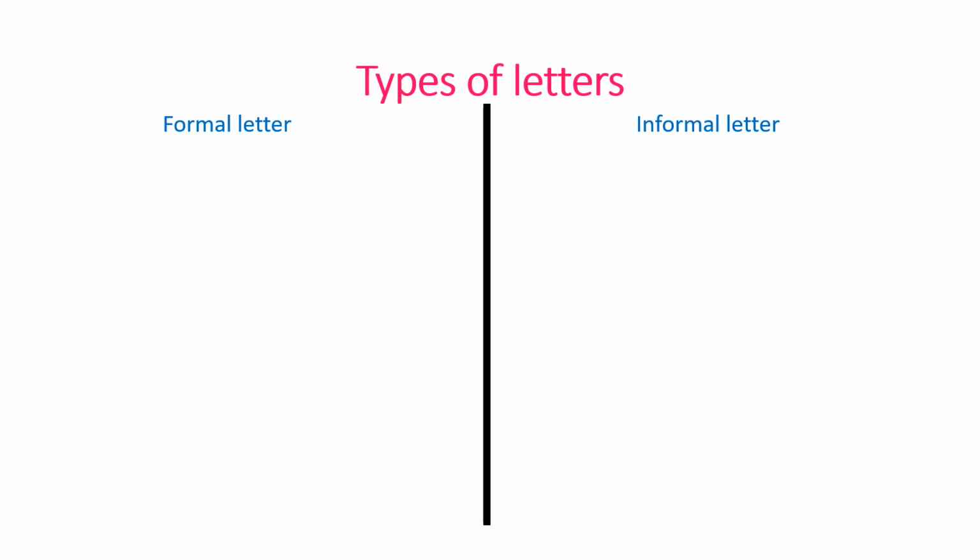A formal letter is written for business or professional purpose with a very specific object in mind. It uses simple language and can be easy to read. Formal letters are written to government offices or for business purpose.